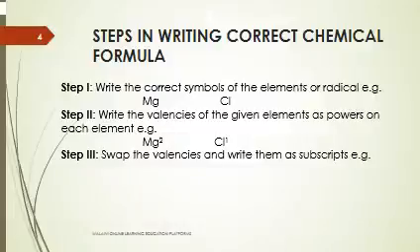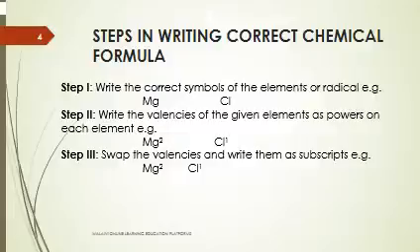Now step number 3, you need to swap the values and write them as subscripts. In step 2, you wrote them as powers. Now they need to be swapped and written as subscripts. Magnesium has a valence of 2 and chlorine has a valence of 1, so you need to switch. Chlorine's valence of 1 will switch to magnesium as a subscript.